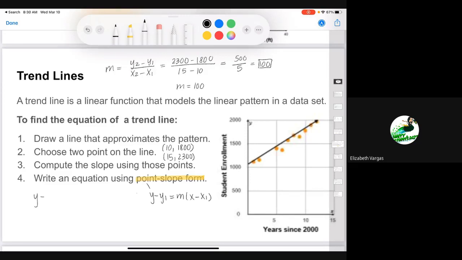My y1 is my constant, 1800, equals my m, which was 100, times x minus my constant x1, which is 10. And now I can go ahead and rearrange this to find the equation of my trend line. So distribute this: 100x minus 1000. Isolate my y, so let me add 1800 to both sides.